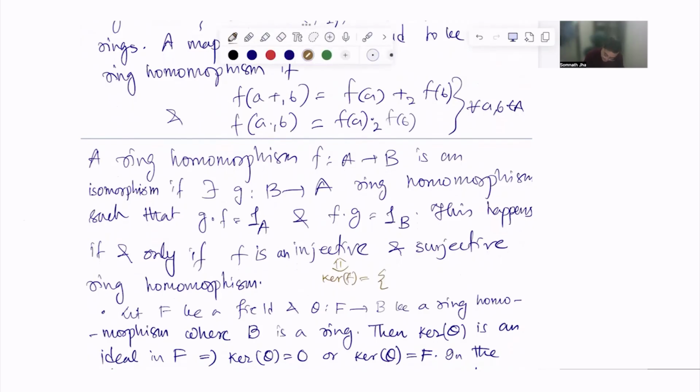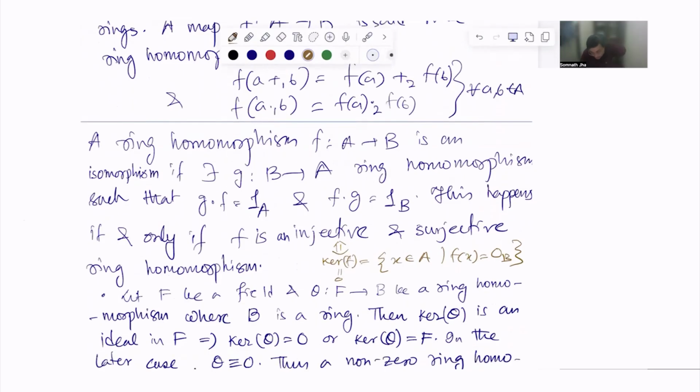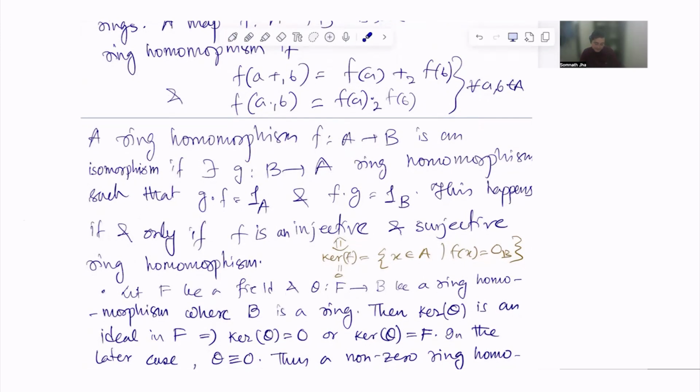It is the set of x in A such that f of x equal to 0 in B. Injective means the kernel of the ring homomorphism is 0, just like in the previous case. And if it is injective and surjective, then you can construct an inverse ring homomorphism, so this condition is satisfied.